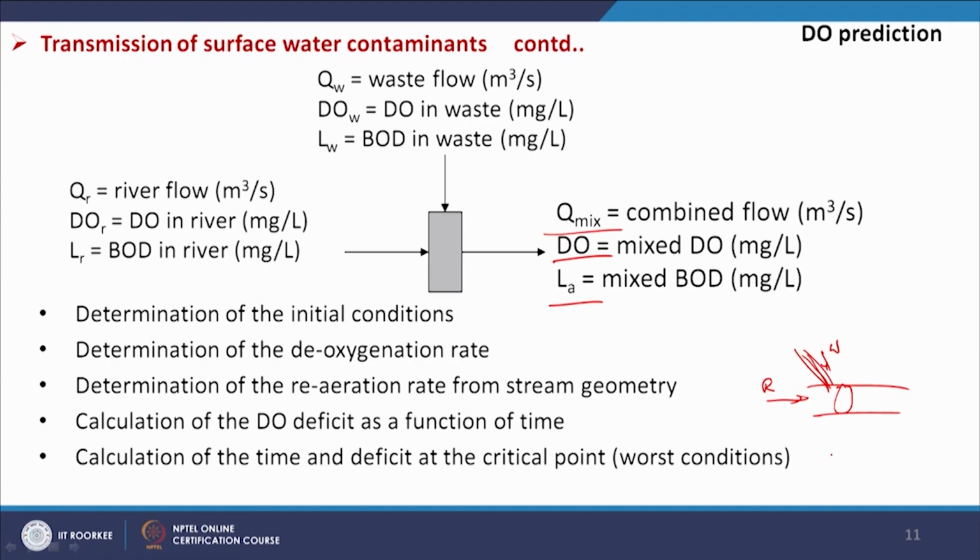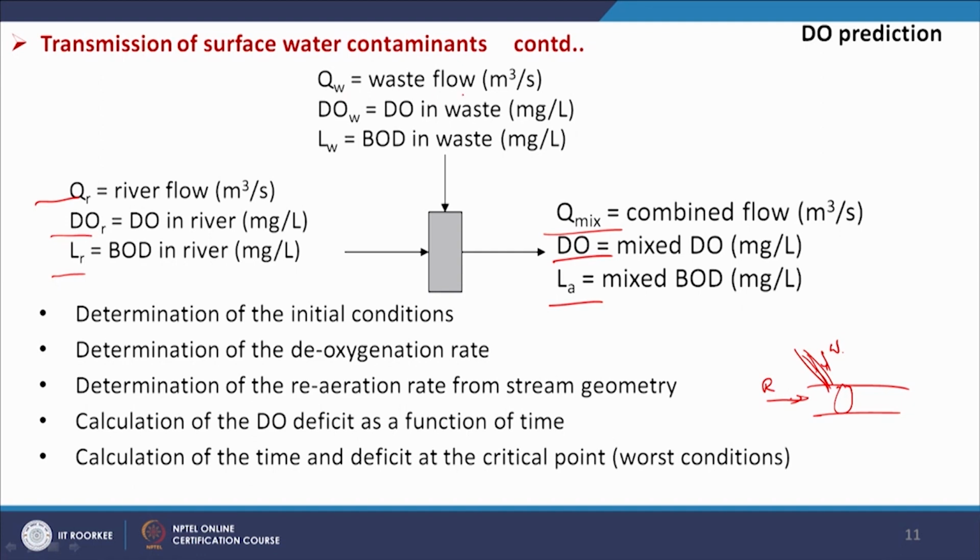Now, say we have two streams, one is the waste stream, another is the river stream. The river stream has a flow rate QR, then DOR, the dissolved oxygen in the river stream, and LR, the BOD in the river stream.